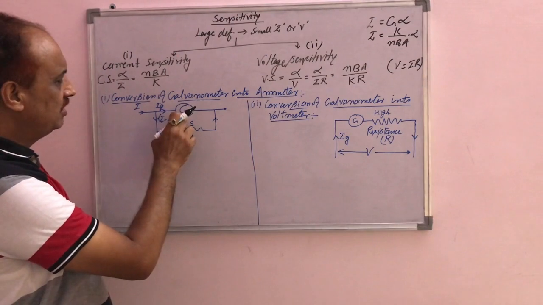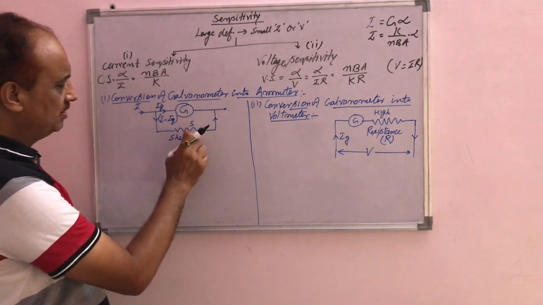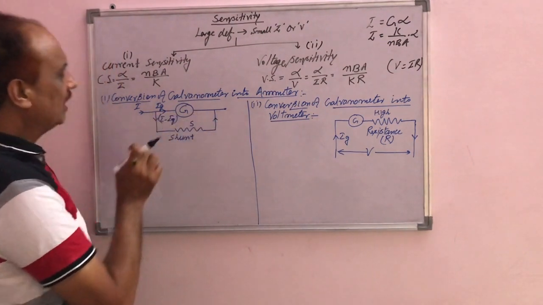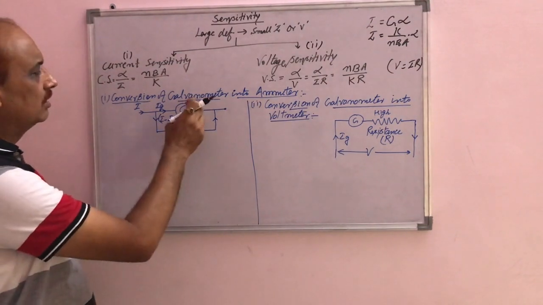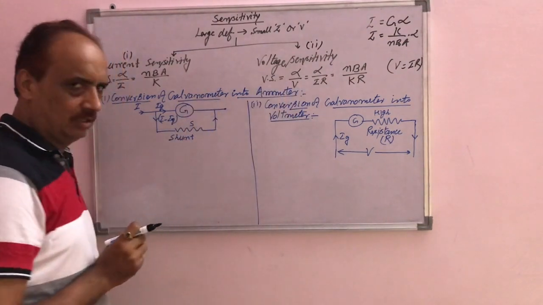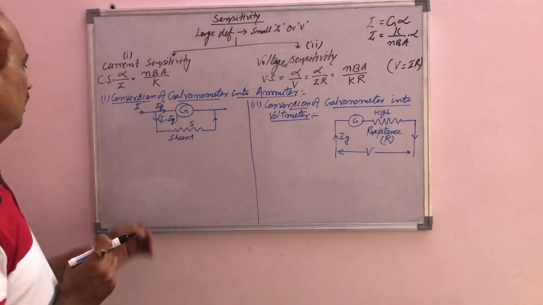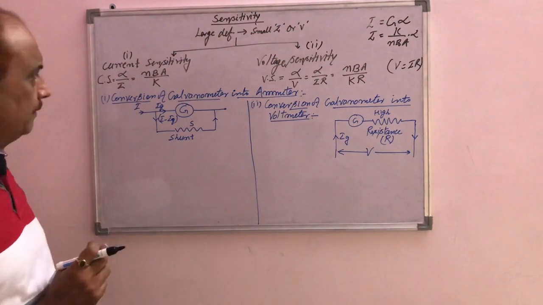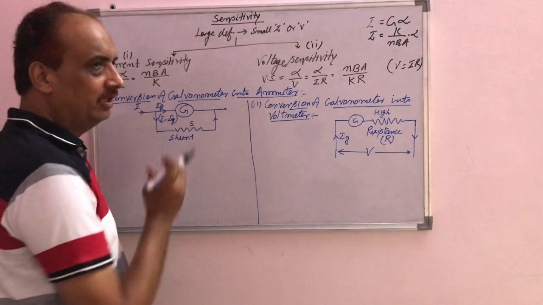If G is the resistance of the coil of the galvanometer and S is the resistance connected parallel to the coil, then we can convert the galvanometer into an ammeter. Then we have to find out how much shunt is required to convert the galvanometer into an ammeter.